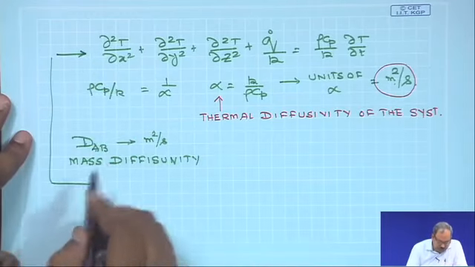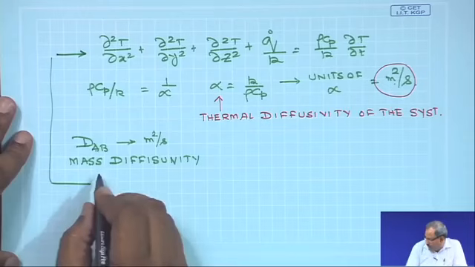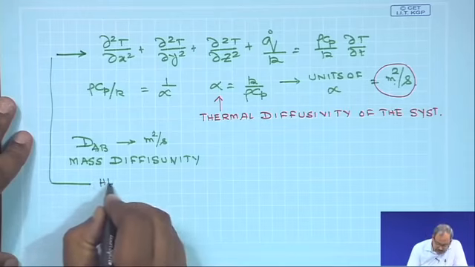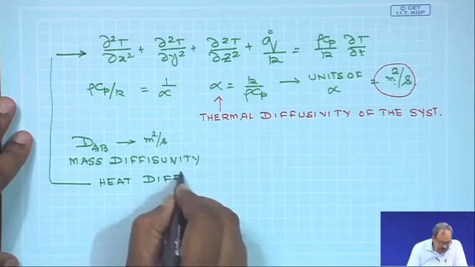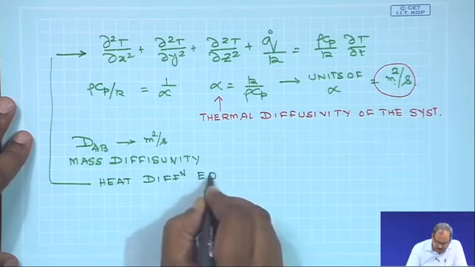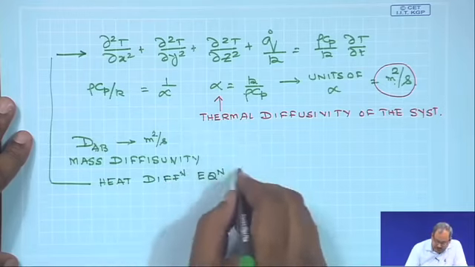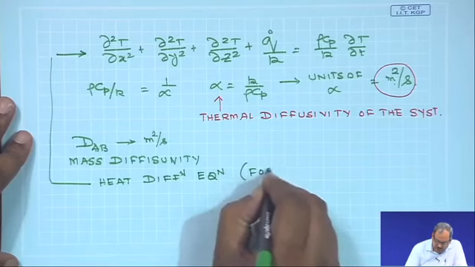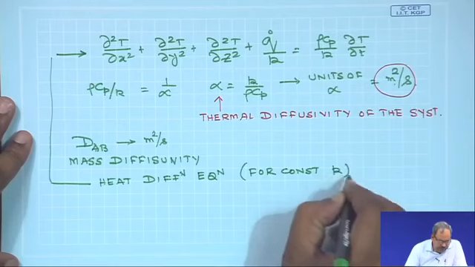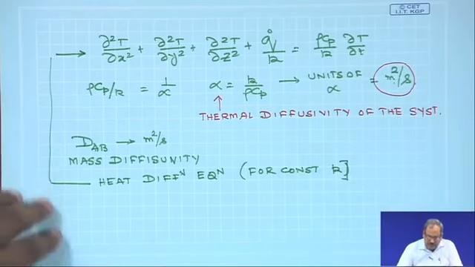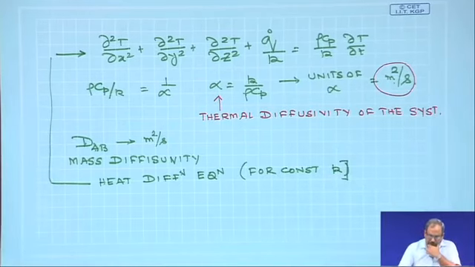This is known as the heat diffusion equation. And this specific form is for a constant thermal conductivity system.